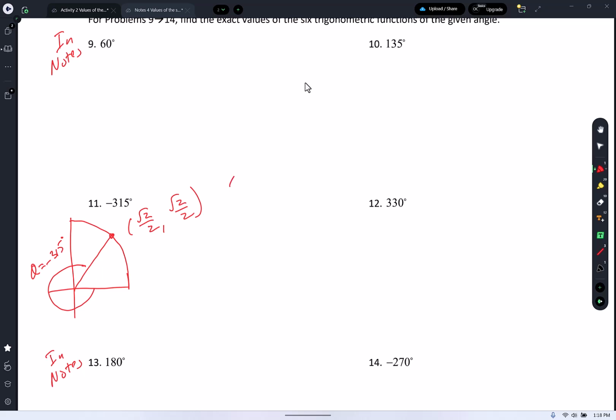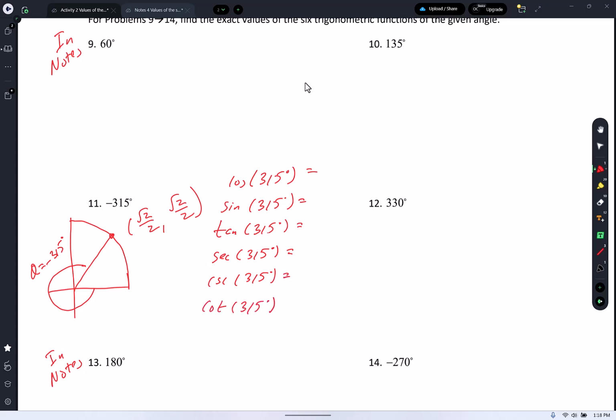So I'm going to write cosine 315, sine 315, tan 315, secant 315, cosecant 315, and cotangent 315.